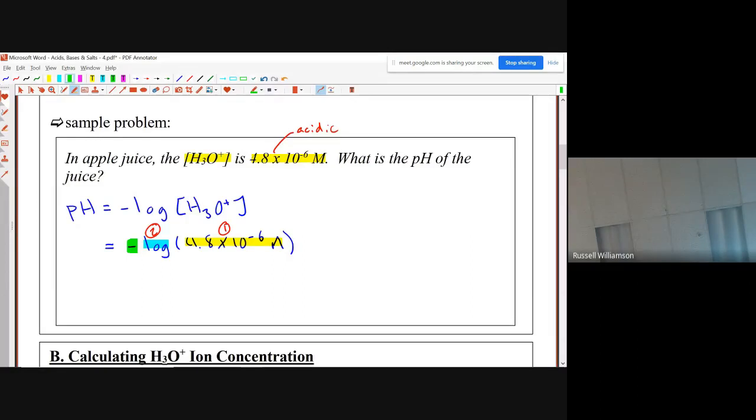So again, just to the left of the equals key, there's that plus minus key. You're going to select that. I'm just going to round my answer to 2 decimals. That's what I told you to do last year. I'm going to explain the sig figs pretty soon, but we'll say this is good enough. I get an answer of 5.32.